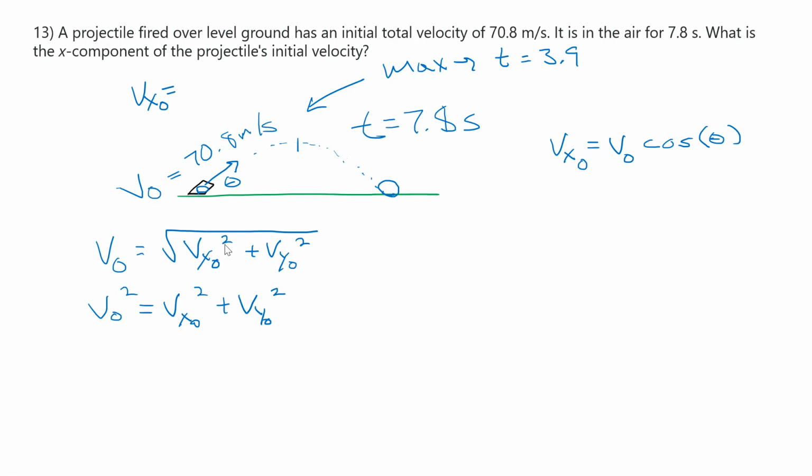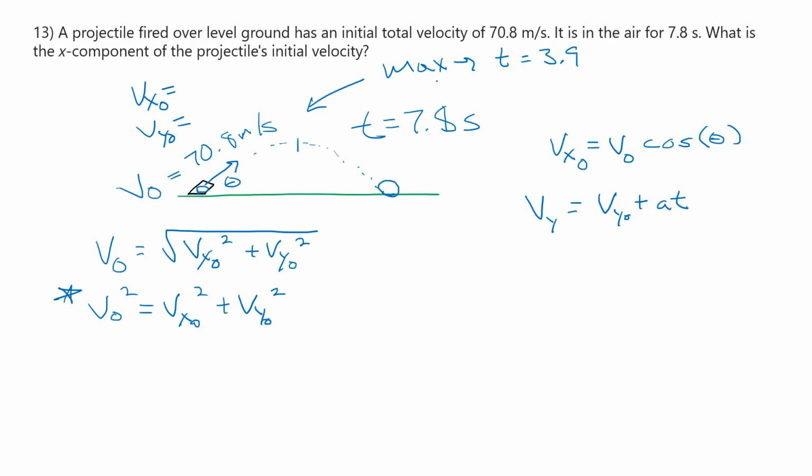So I either got to figure out what v sub y is, which I can do, and then I'll plug it into this equation and figure out what v sub x is. Well, how do I find that v sub y? Easy, we just did it on the last problem. We say that the final velocity in the y direction is equal to the initial velocity in the y direction, right? Plus the acceleration times time.